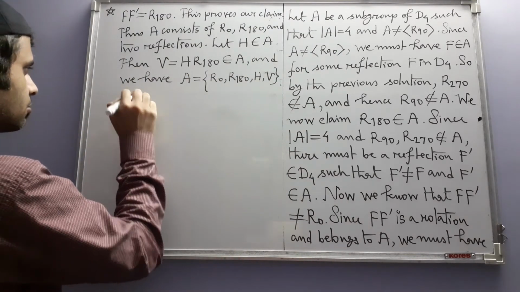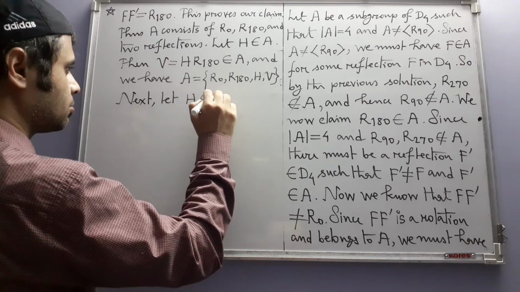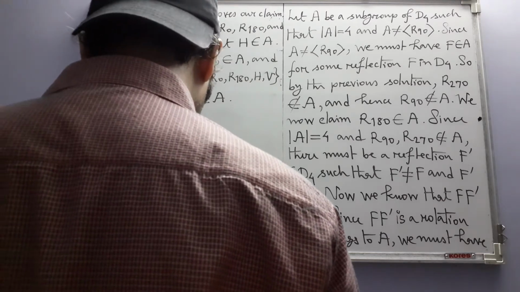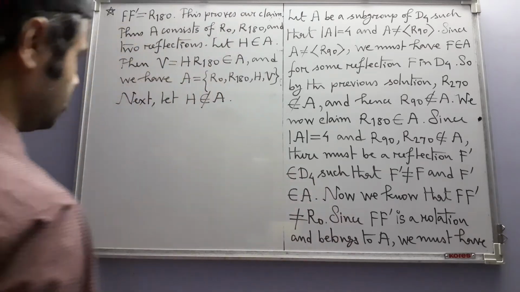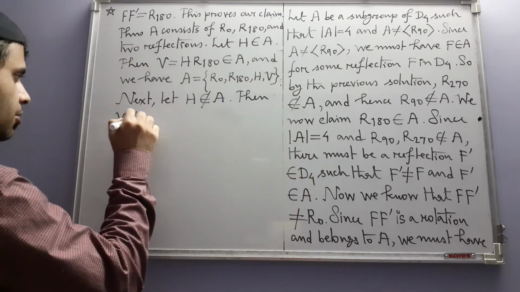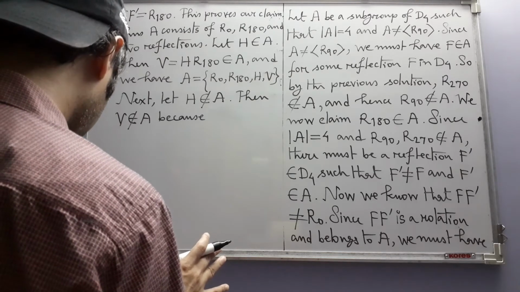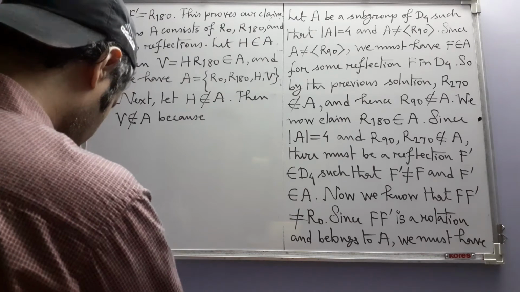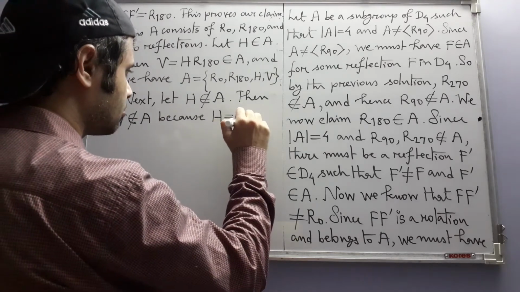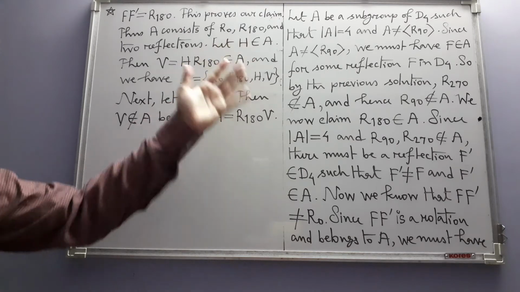Next, suppose H does not belong to A, then we want to prove that V also does not belong to A. Then V also does not belong to A, because if V belongs to A, then H is equal to R180 V. R180 already belongs to A in any situation.